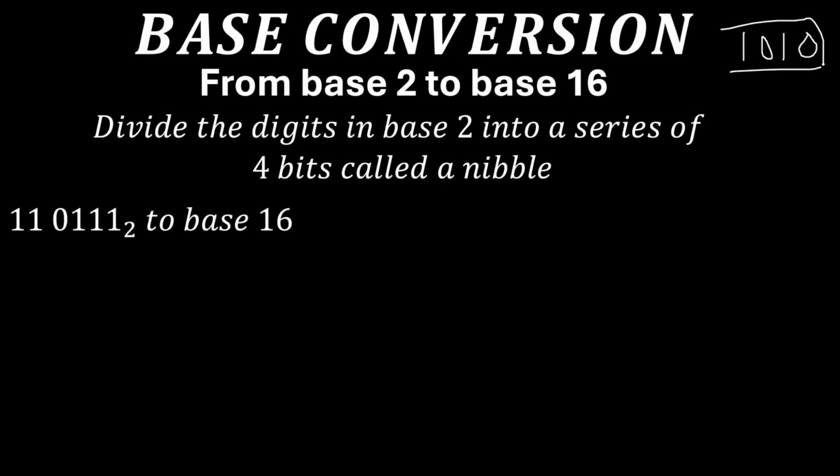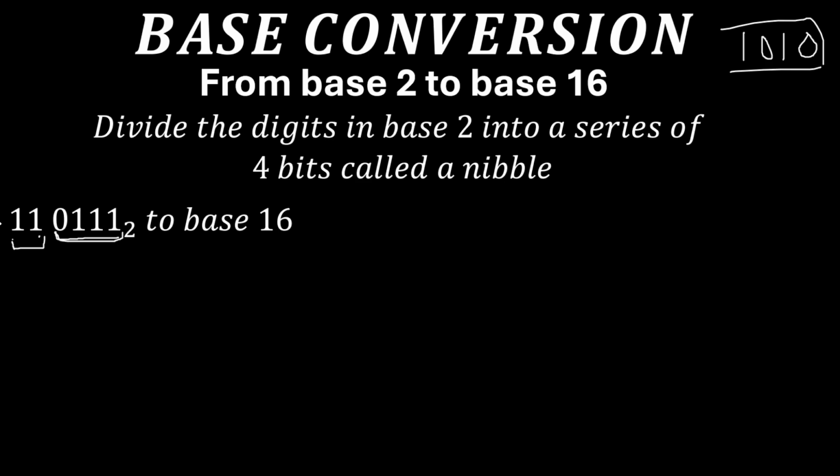Let us assume that we have the binary number 110111 in base 2, and we want to convert it to base 16. What do we do? From the back, we start to divide. This is the first series of 4 bits, but the leftover part is only two digits, so it does not complete. You add 0 0 at the front to make it 4 bits.